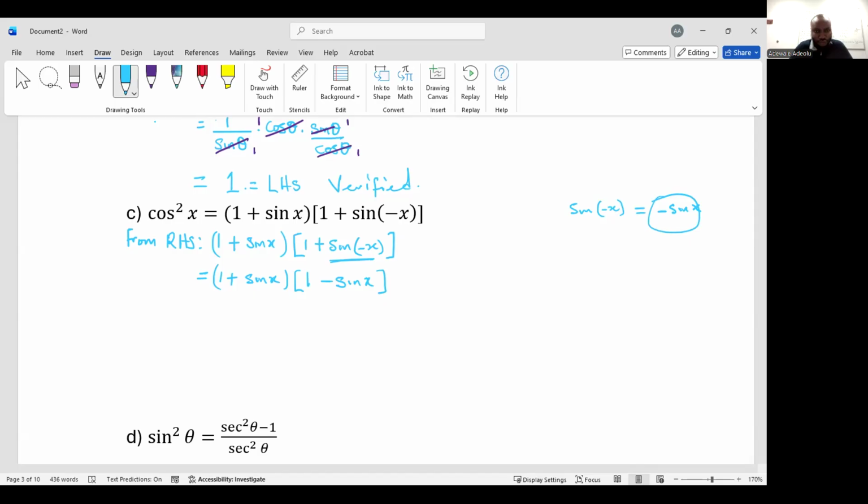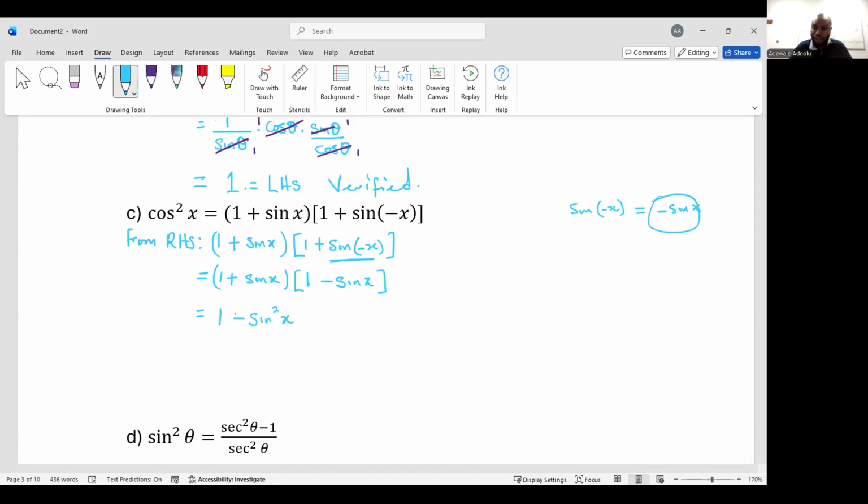Let us see what we can do. Well, we can open up now. We can expand what we have here, and that would be, look at this, folks. We have a situation whereby we can say the answer is 1 minus sine squared of x.